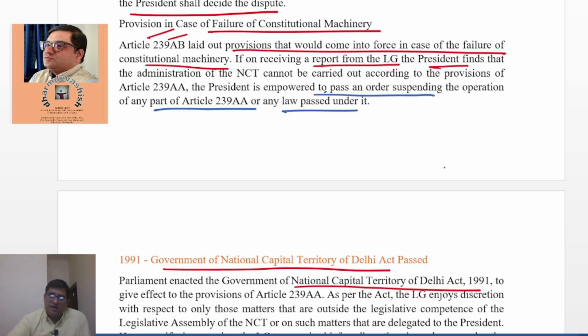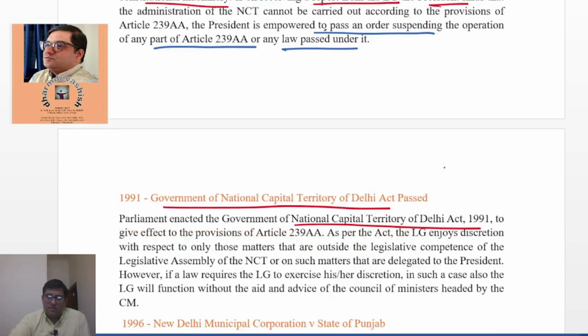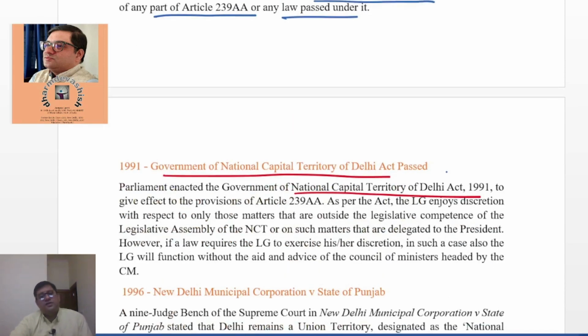Now let's try to understand the Government of NCT of Delhi Act, which was passed in the year 1991. Please understand that this Act, the Government of NCT of Delhi Act 1991, has been passed under the powers that are mentioned in Article 239AA.